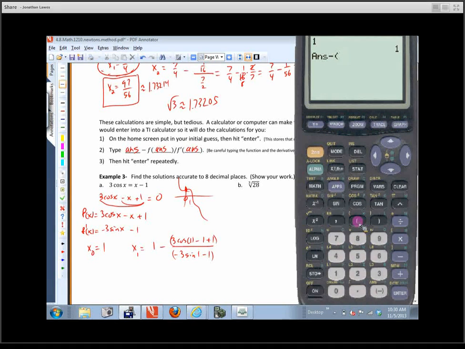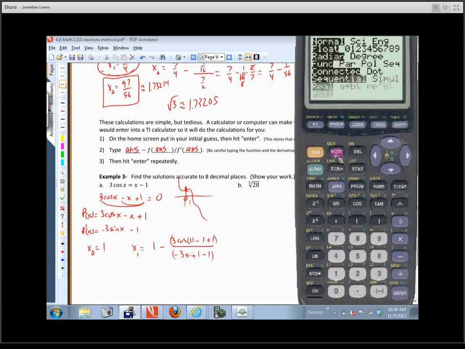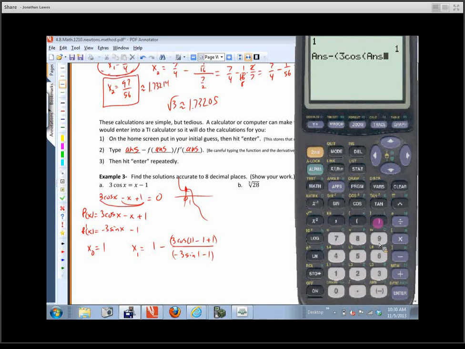So that's going to be 3 cosine, and I better make sure, yep, I'm in radian mode. 3 cosine of that old answer minus that old answer, and then plus 1. I'll close the set of parentheses.